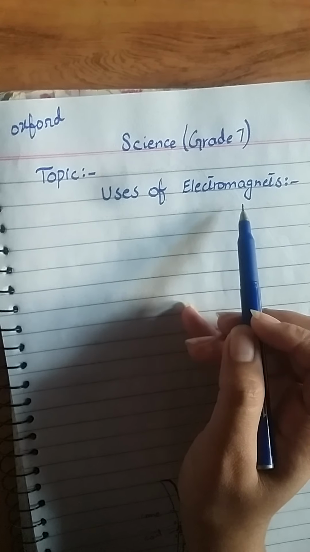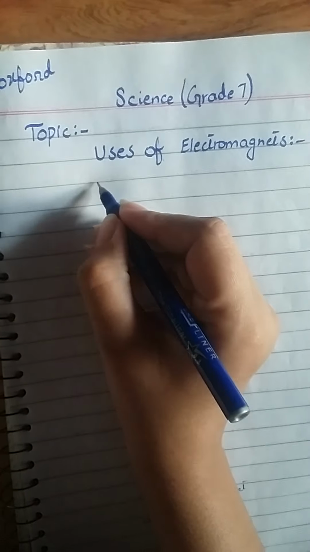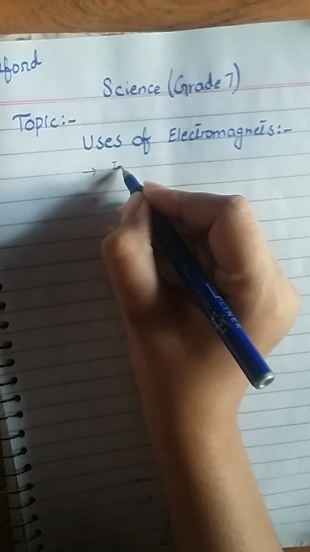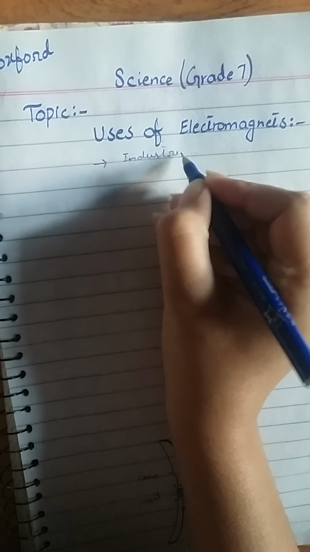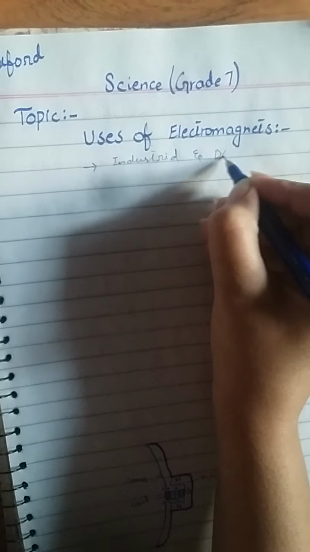So first of all, what are the uses of electromagnets? Electromagnets are used in industrial and domestic purposes.